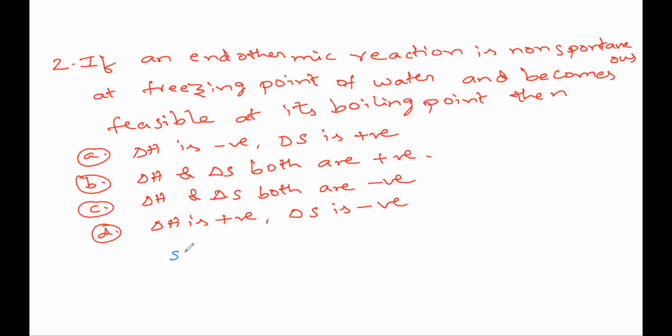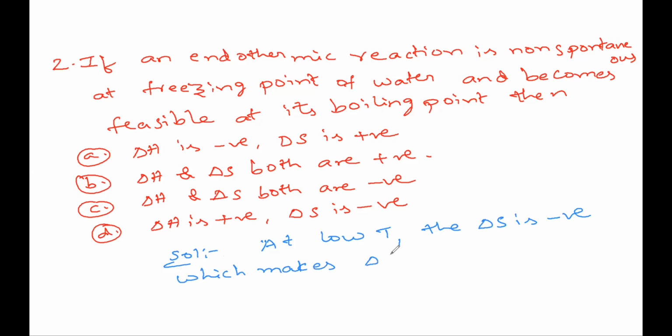So for this, the solution is: at a low temperature, the delta S is negative, that is change in entropy is negative. That's why it is non-spontaneous, which makes delta G positive.